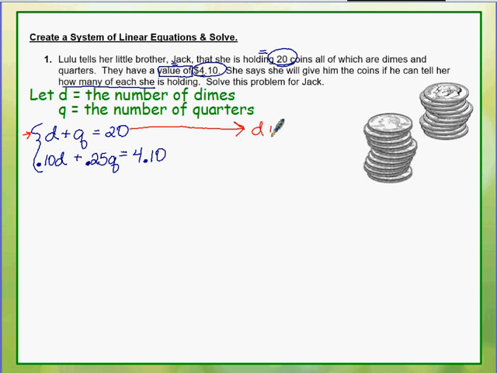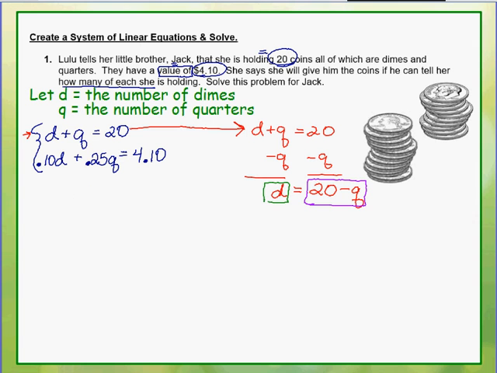If I rewrite this equation here and I choose to just subtract Q over, I realize that the number of dimes is really the total number of coins, 20, take away however many quarters I have. So now I have D all alone, and I know it's equivalent to this binomial expression.